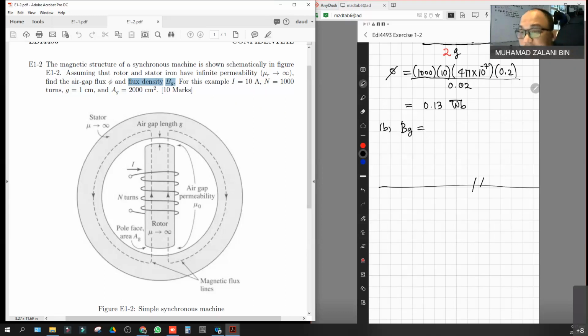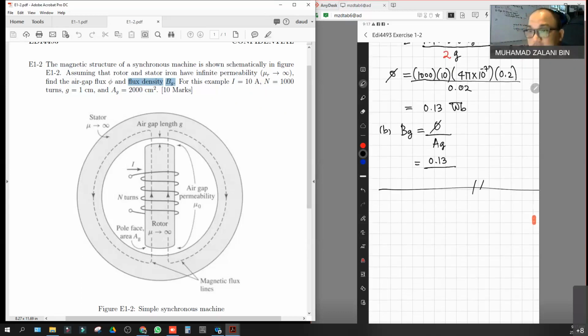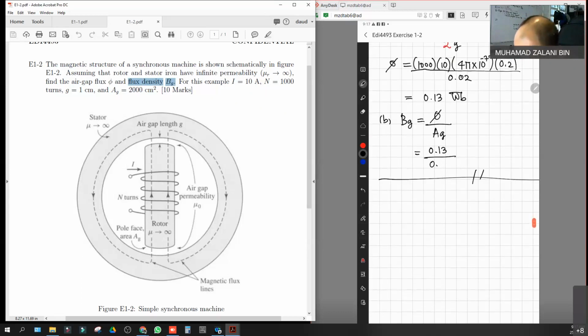You remember phi equals to BA, right? In this case, we have already got the flux, which is 0.13 Weber, divided by Ag. So 0.13 divided by Ag, which is 0.2. Then we have 0.65. The unit is Tesla for magnetic flux density.